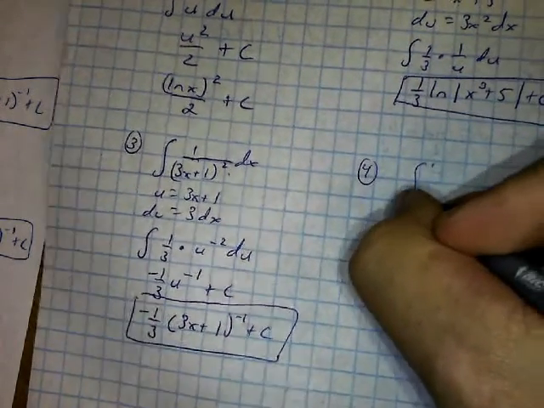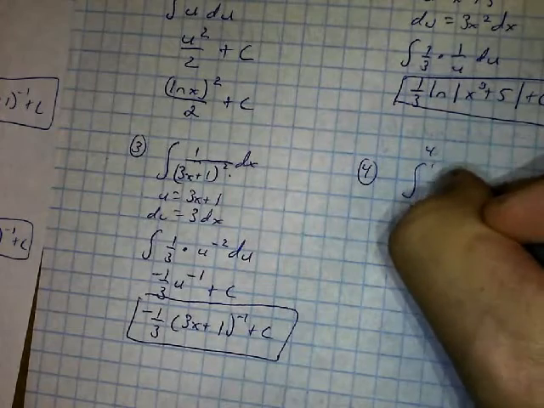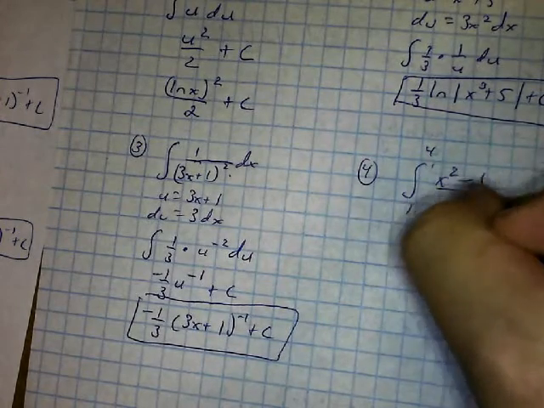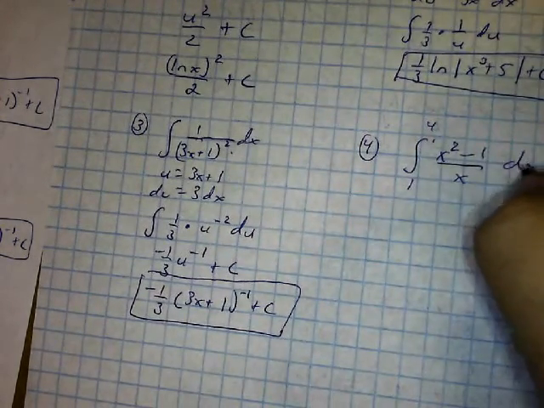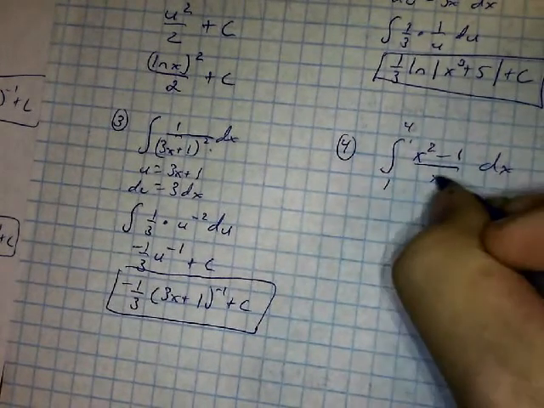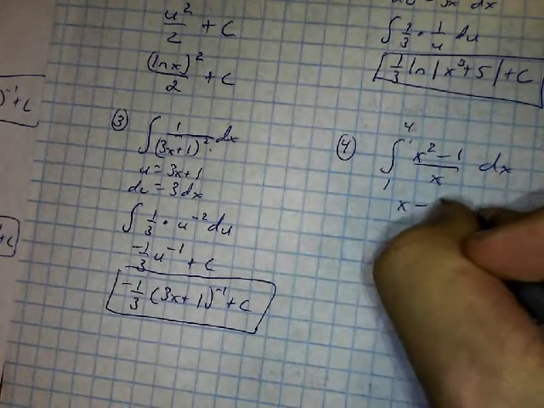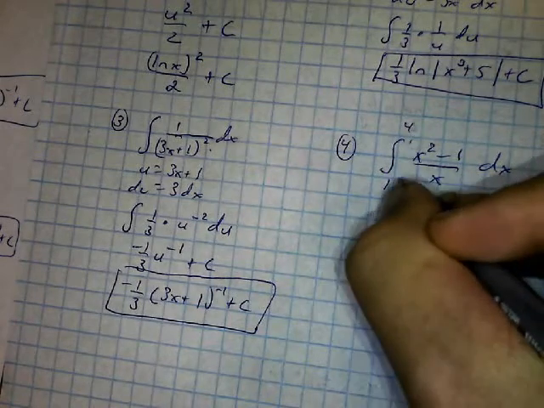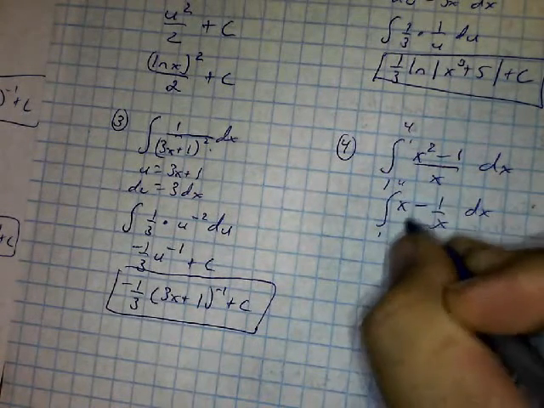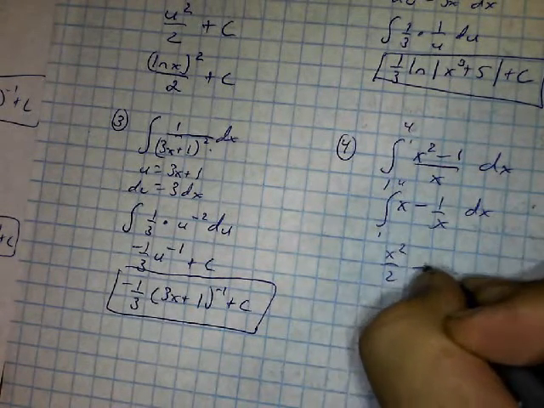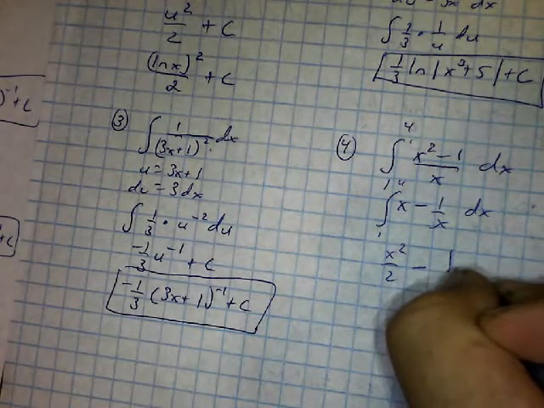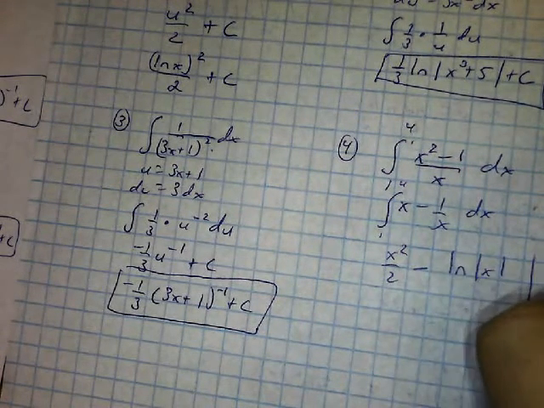The integral from 1 to 4 of x squared minus 1 over x. Just reviewing our methods now. Bring this up, we get x minus 1 over x. And these are just basic rules. X squared over 2 minus 1 minus natural log of x from 1 to 4.